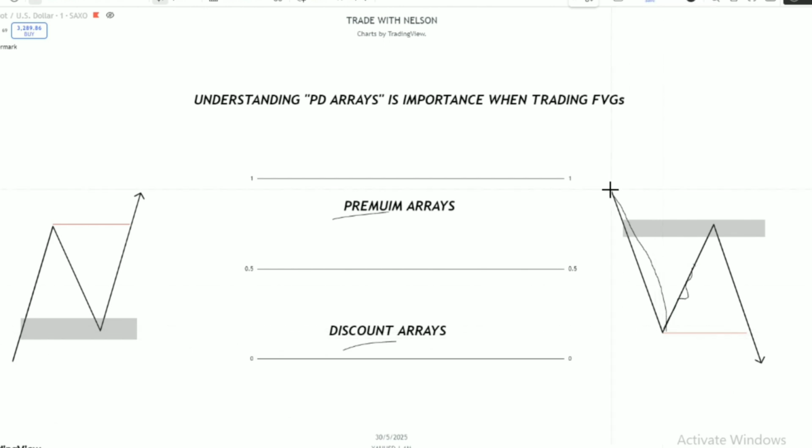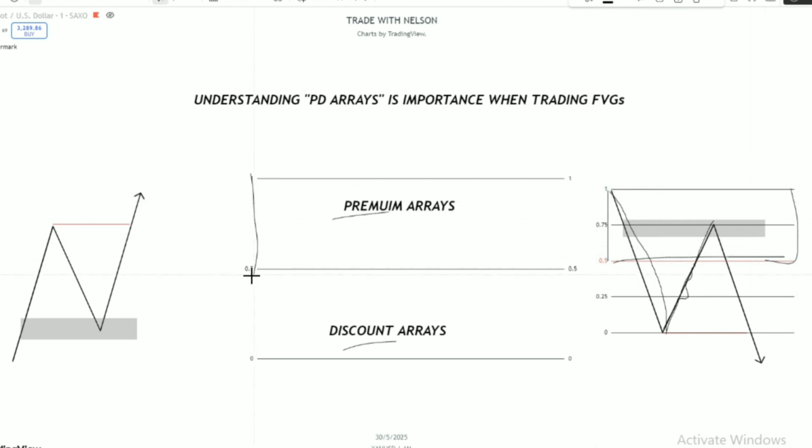If I draw from the highs down to this level over here, we expect the market to come like this into the level above this 50 level. This 50 level, which is this 0.5 level, is also the equilibrium. So the premium array is around here. Let's say this is a fair value gap, the one inside the premium array. We expect the market to tap inside that level and then send price to the downside.